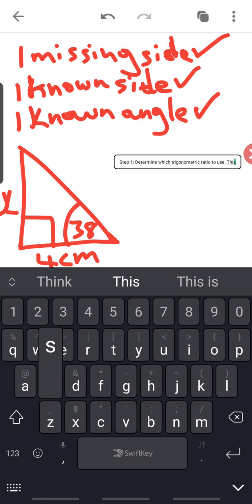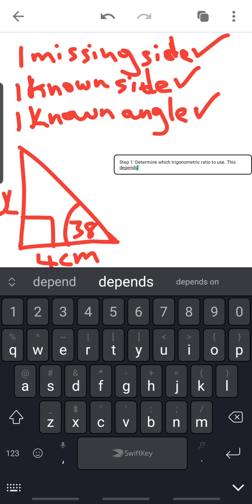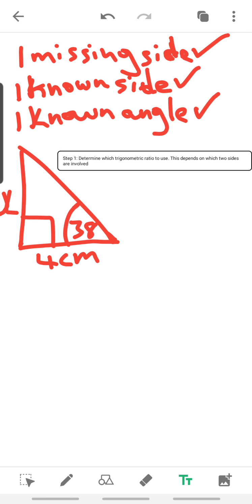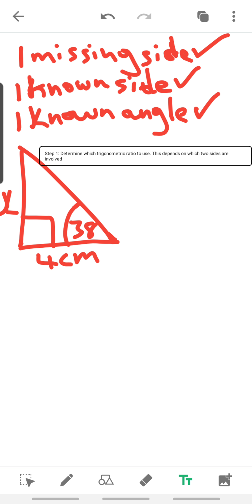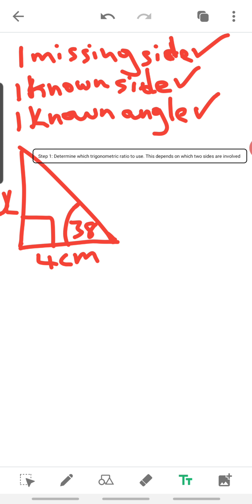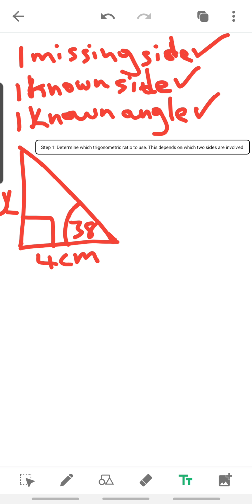And we have to remember that this depends on which two sides are involved. So that's how we determine which trigonometric ratio to use.